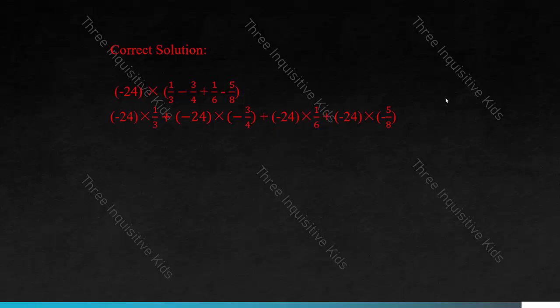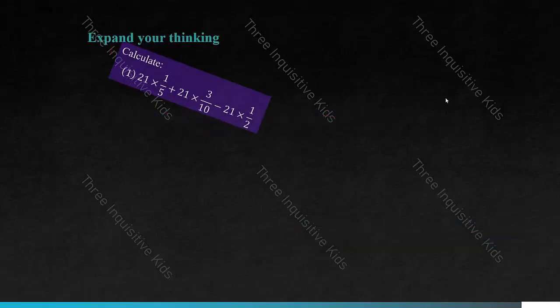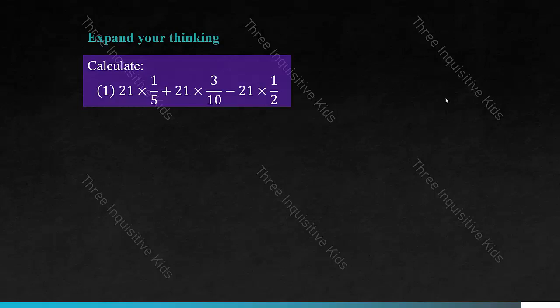You have to be aware of the negative signs that are still there. So we're left with negative 8 plus 18 minus 4 plus 15, which is 21. That's the correct solution.